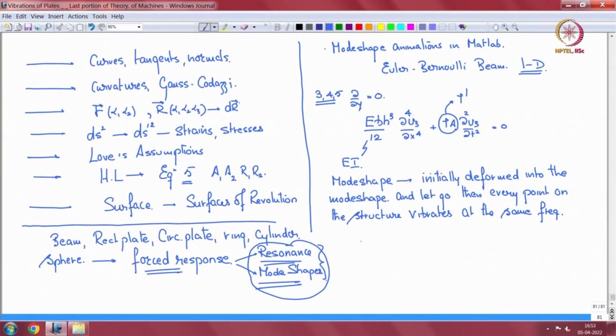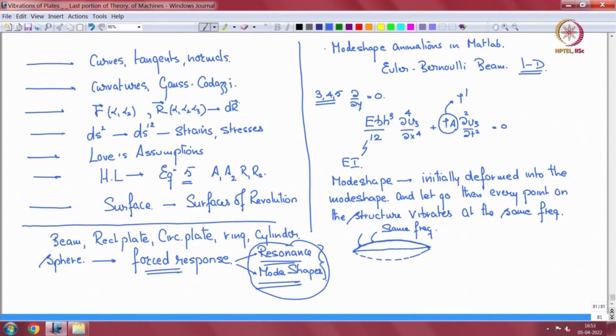Okay, what do I mean? For a simply supported beam, this happens to be one of the mode shapes. So if I manage to pull the beam in this shape in the beginning and I let it go, it will start vibrating, because it is away from the mean position, and every point vibrates at the same single frequency.